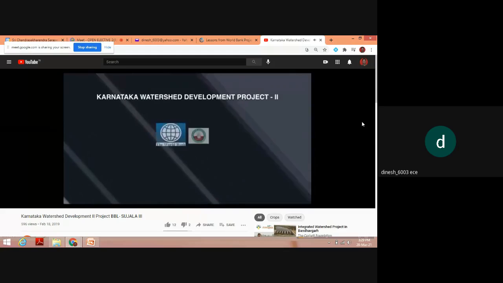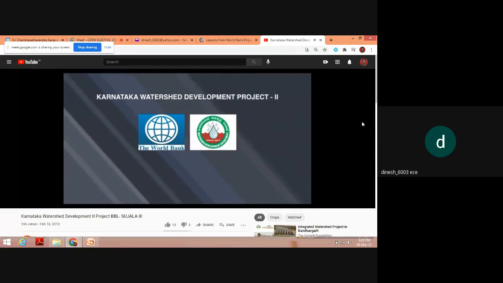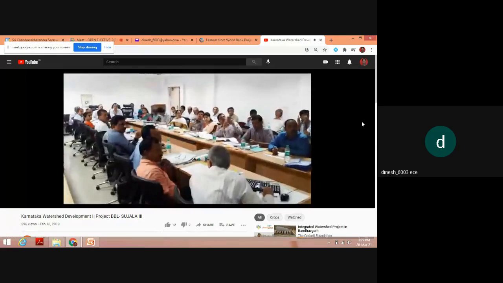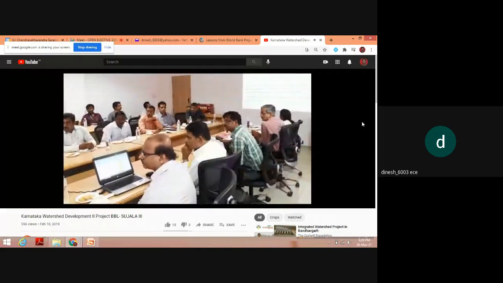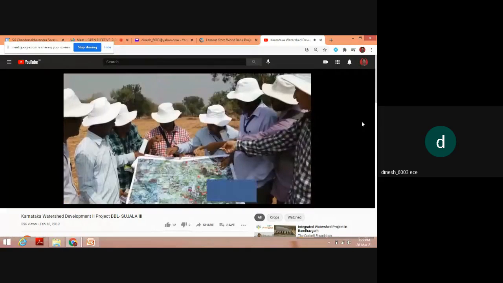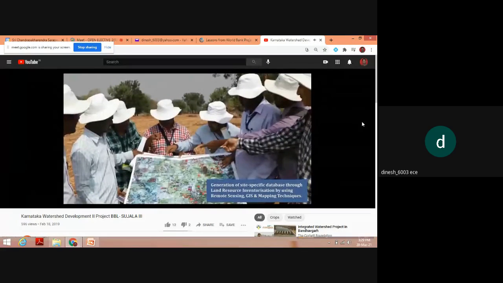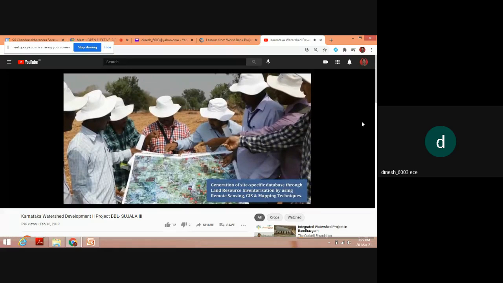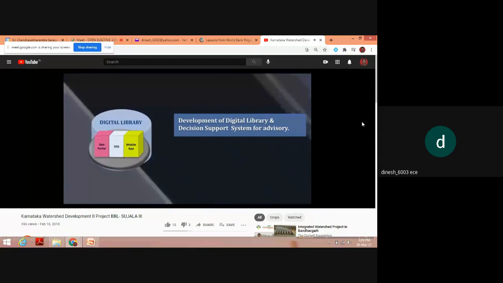In this context, the World Bank supported Karnataka Watershed Development Project 2, popularly known as Sujala 3, is taken up to empower the watershed department in preparing science-based development plans through the generation of a site-specific land resource database using remote sensing, GIS, field survey, and mapping techniques. Development of a digital library and decision support system for advisory.